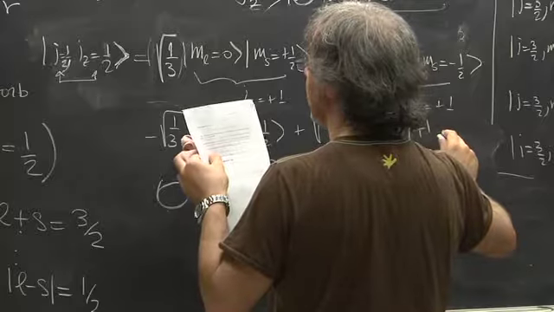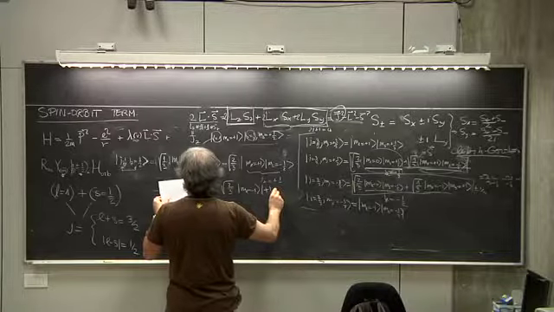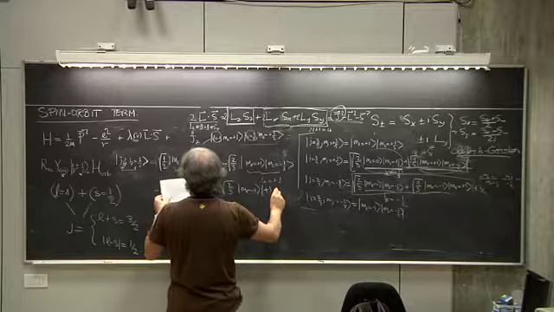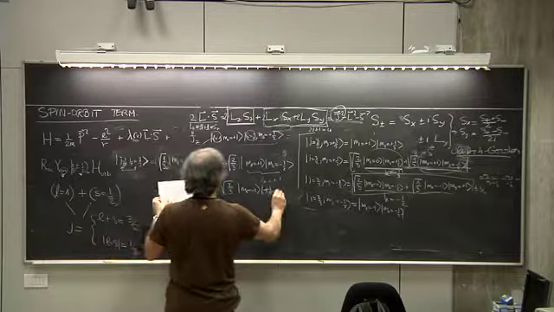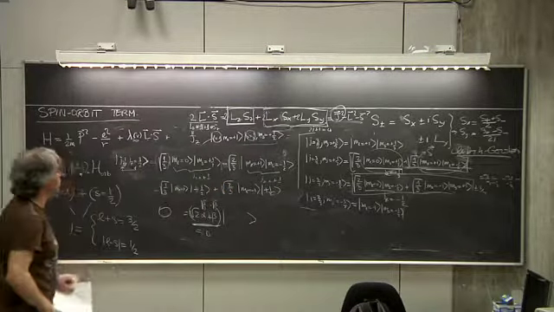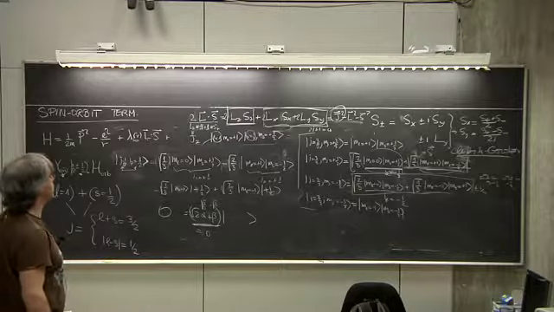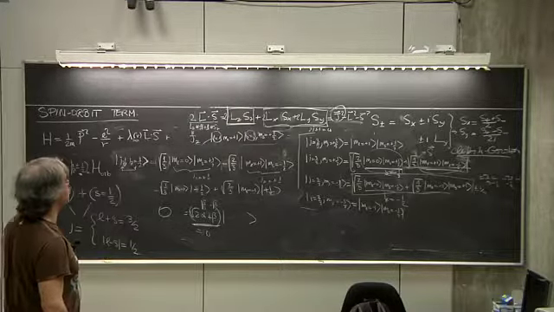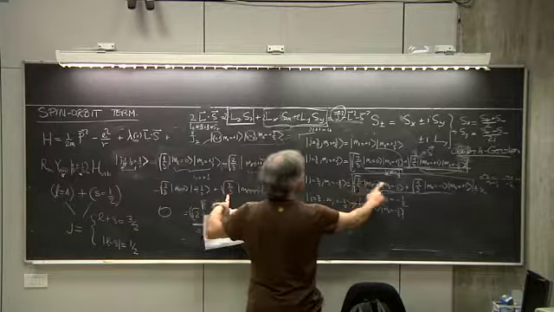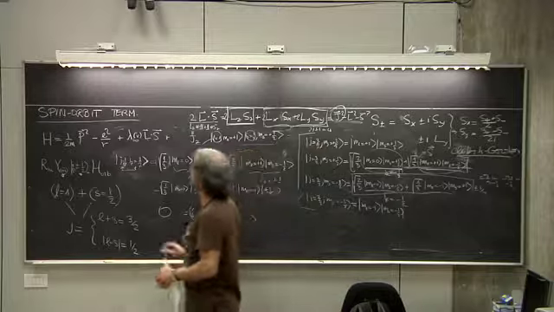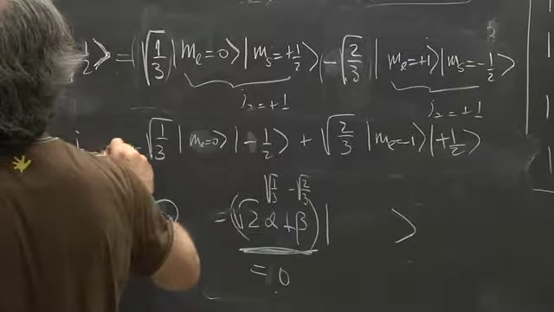No, I have it wrong here. I'm sorry, I have this thing wrong. There is a misprint in the notes, I think. In any case, I think that this is the solution. Yes, you see that this times that plus this times that is 0. So this is a state with j equal to 1/2 and j_z equal to minus 1/2.